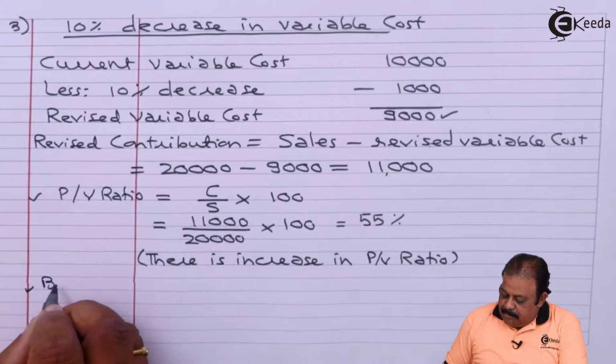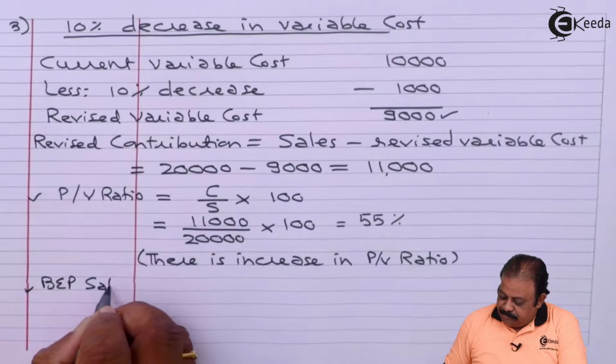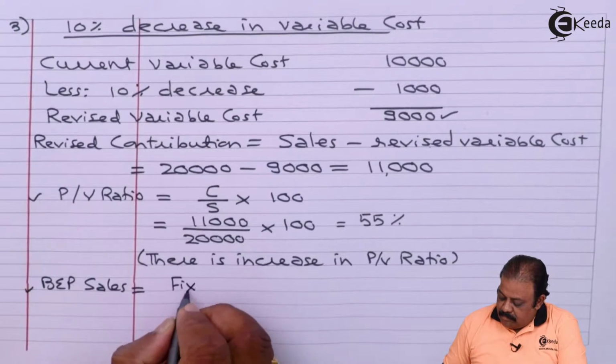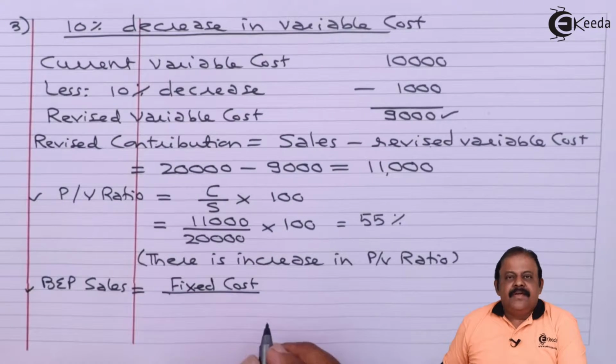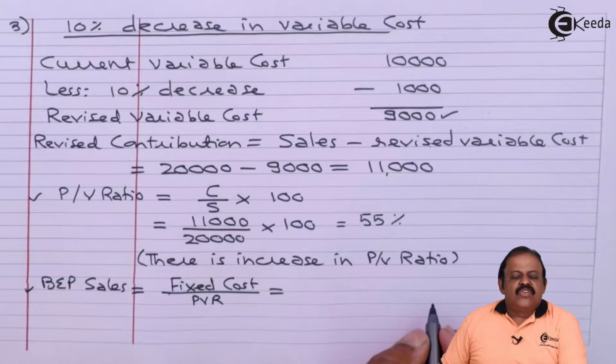Next, break-even point sales. Formula is fixed cost divided by PV ratio. Fixed cost, there is no change.